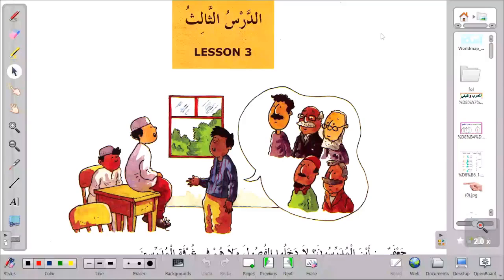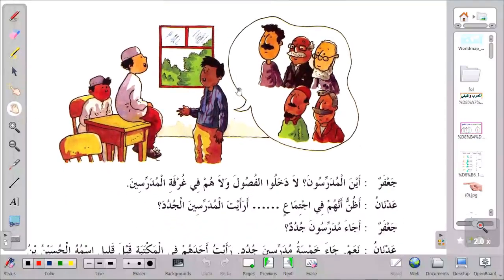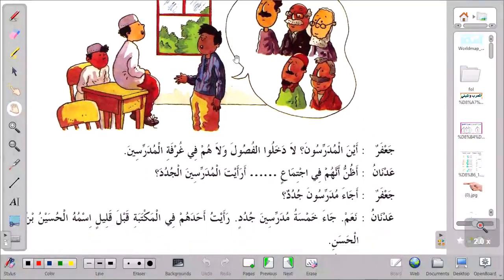So in this lesson we are going to look at the I'rab, and then we are also going to look at Adadul Uqud, the numbers that we say 10, 20, 30, 40, 50, 60 in English. In Arabic, we'll look at it in this lesson also. And of course, there are other things we are coming to look at too. So, without wasting much time, I think we should just begin.